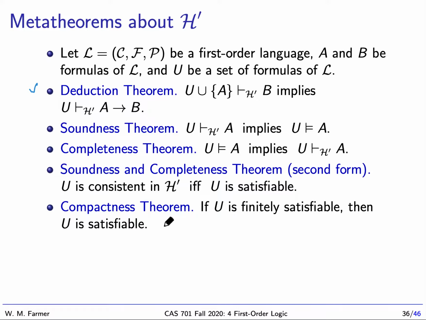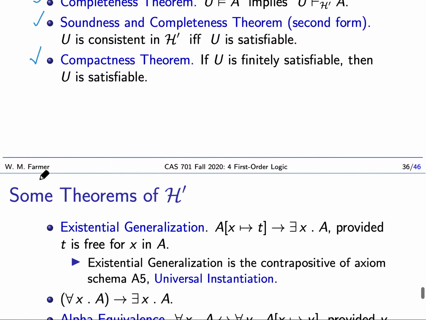And we also get the compactness theorem, that if U is finitely satisfiable, then U is satisfiable. These are analogs of the metatheorems we had for H, our system for propositional logic.